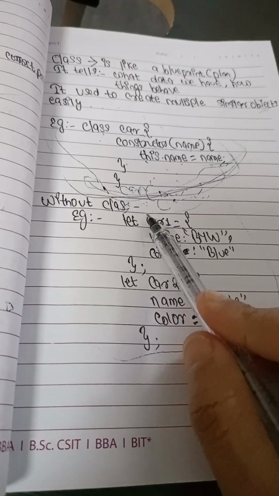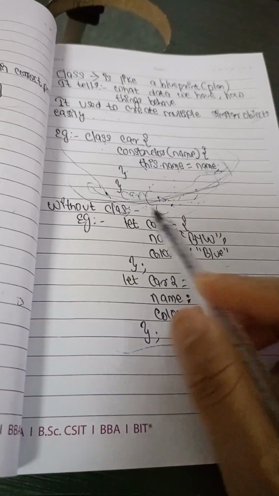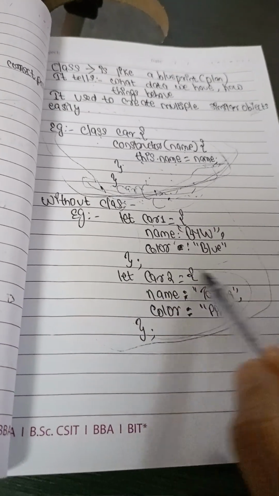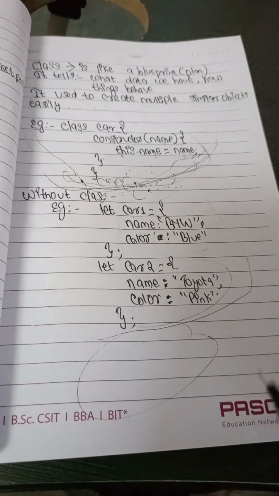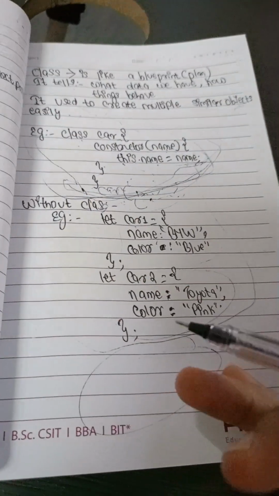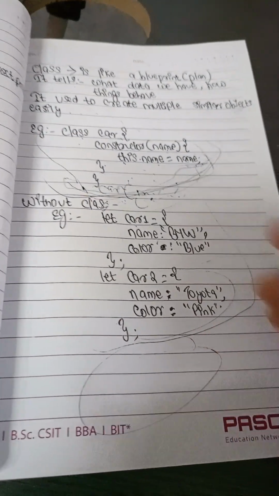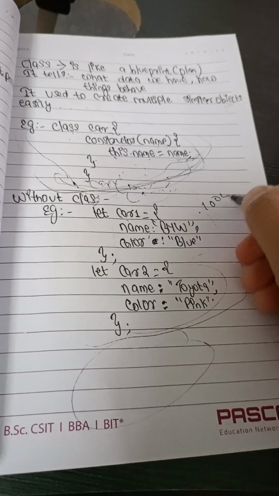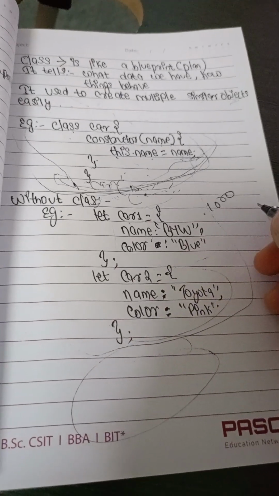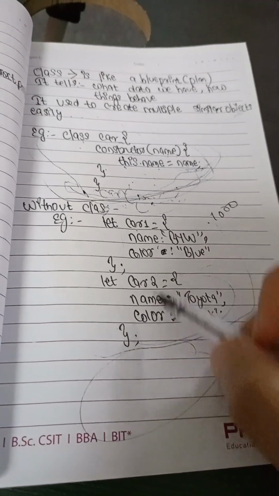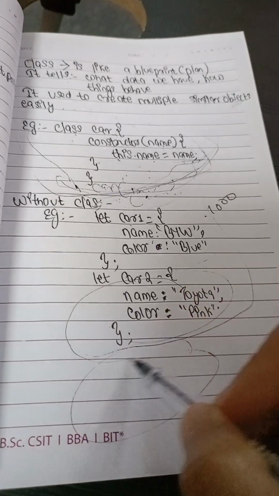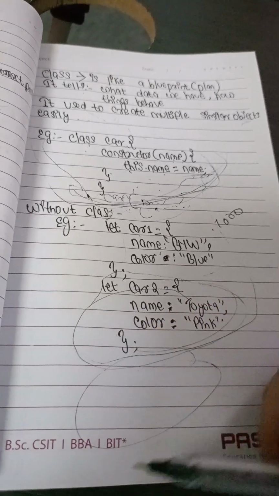Here, one by one, we have written car1, car2, car3, car4. Suppose this is okay, but what if we have 1,000 cars, and we are going to write one by one in this format, in this method?